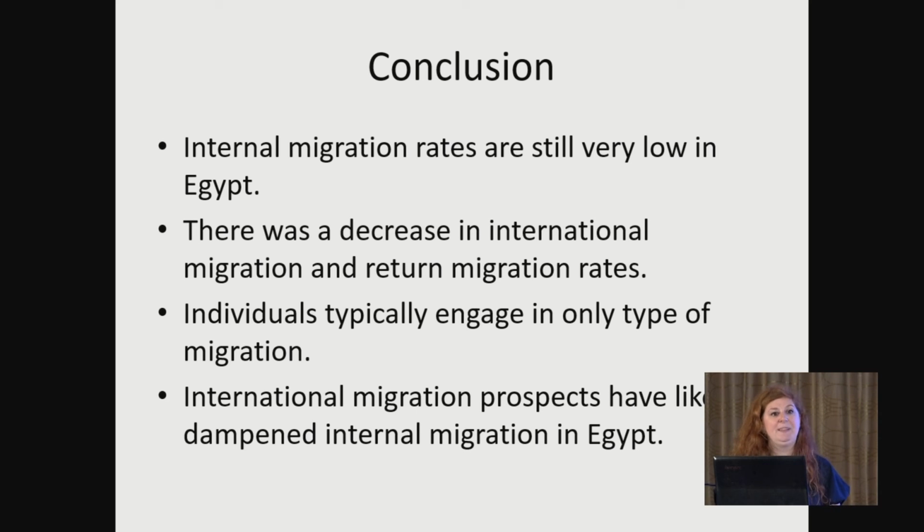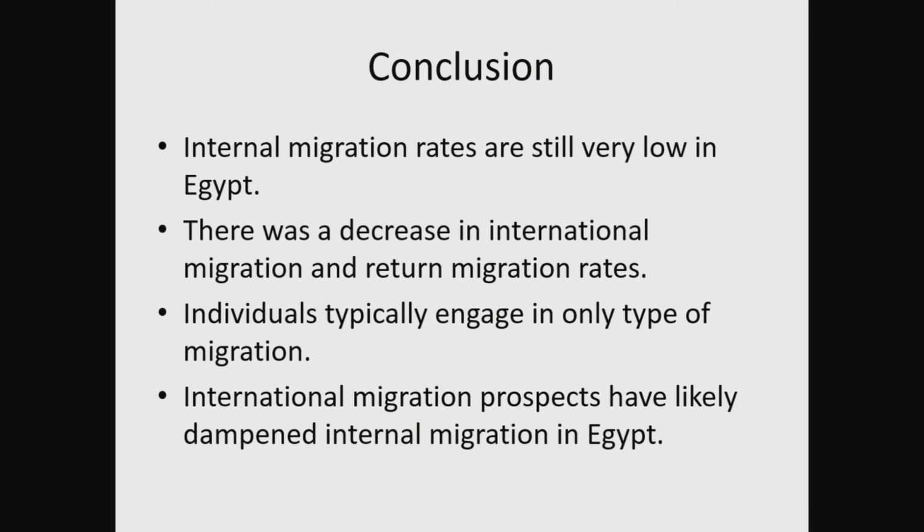So this decrease is probably explained by the restrictive migration policies that have been implemented progressively in Europe, but also by the worsening situation in other countries where there was a huge Egyptian migration, such as Libya. It can also be linked to the relatively low oil prices and the nationalization policies in the Gulf countries.